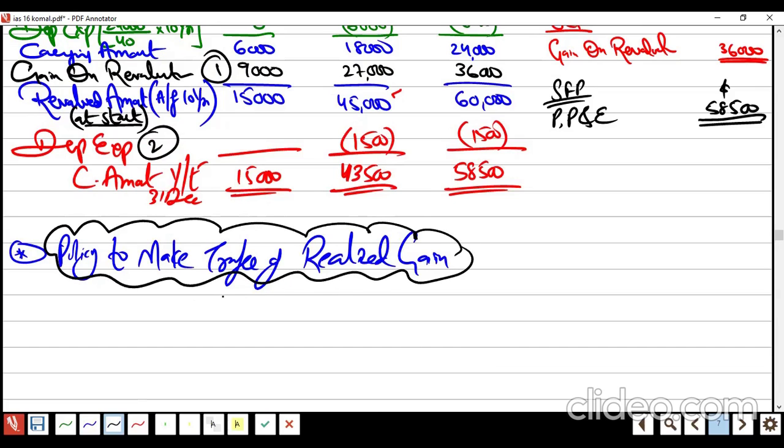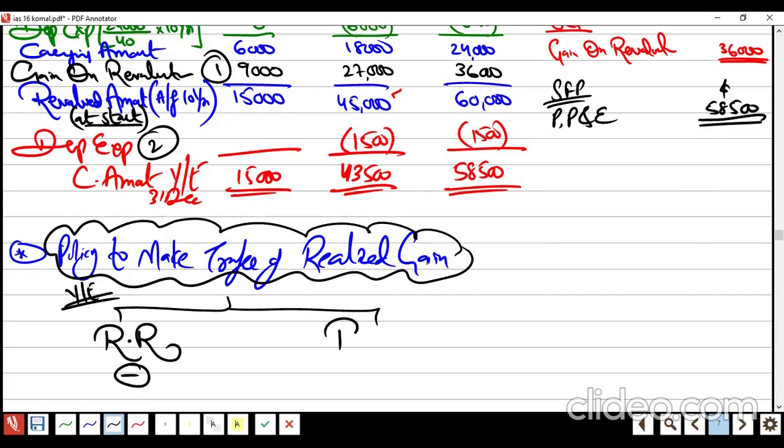The meaning is, at the year end, you will deduct some amount from your revaluation reserve and you will add it to the retained earnings. Realized gain means you will minus some amount from your revaluation reserve and add that amount to your retained earnings. That is called transfer of realized gain at the year end.